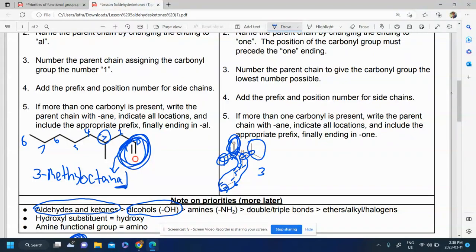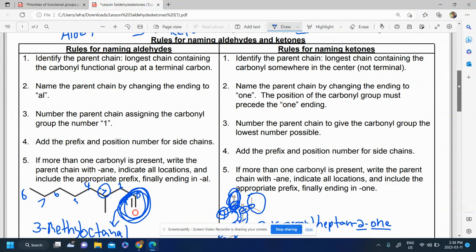So we have 3-isopropyl. And then we have 7 carbons, so heptan. And then because the double bond O is on carbon number 2, we have heptan-2-one for ketones. So you do have to indicate for ketones, unlike aldehydes, where the C double bond O is. And so that is our example of how to name a ketone.